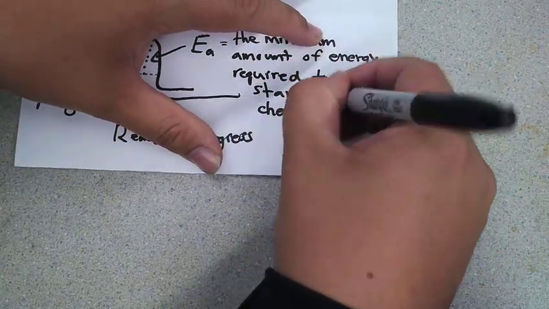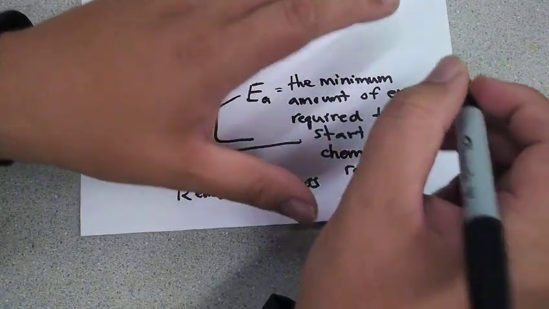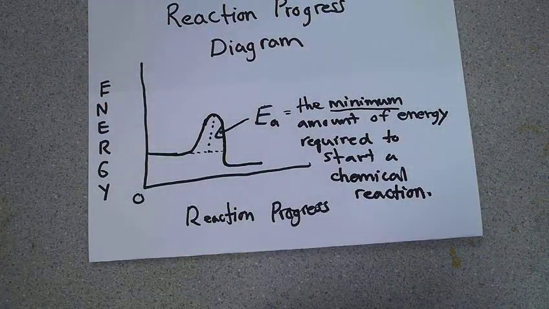I think I need to get a new Sharpie. So the key word is minimum amount of energy required to start a chemical reaction.